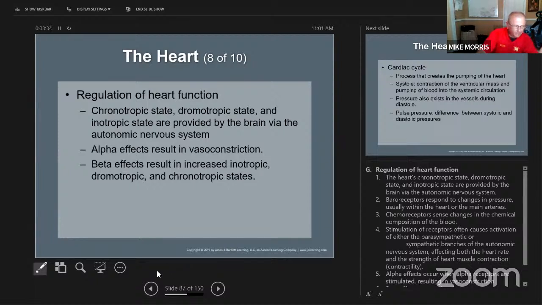So how many times the heart contracts. Dromotropic represents the control of the rate of electrical conduction. I kind of probably said that, maybe I said it backwards. I didn't mean to. But dromotropic, think about the pacemaker of the heart. Chronotropic, think about the actual rate of the contraction of the ventricles.